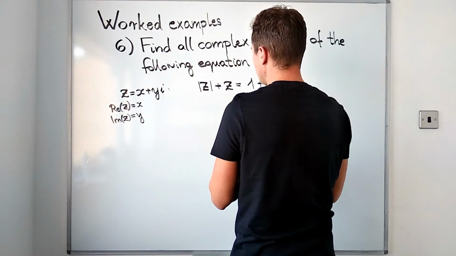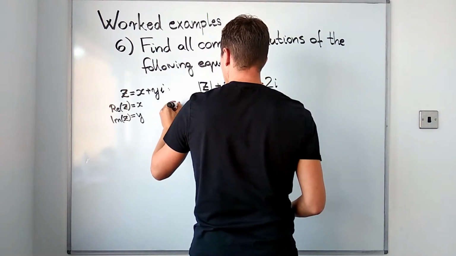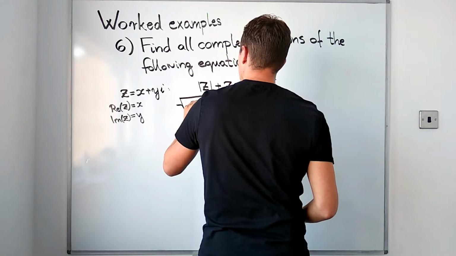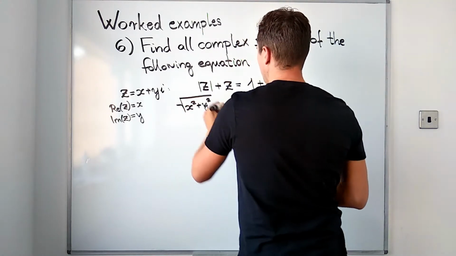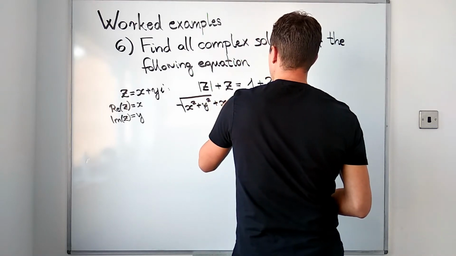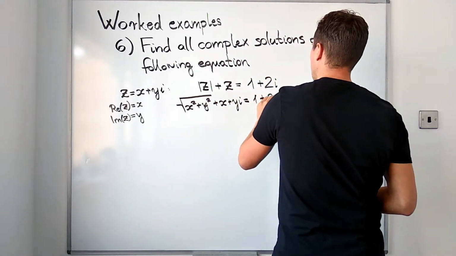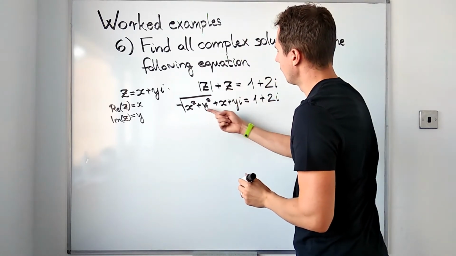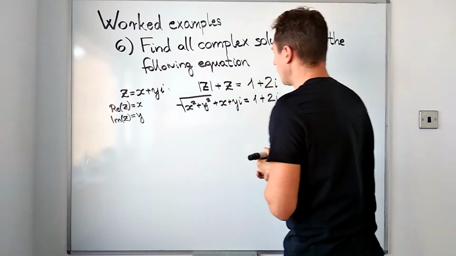Then this equation can be written as the square root of x squared plus y squared plus x plus yi equals 1 plus 2i. Okay, so we turned our equation into an equation for x and y, these two unknowns.